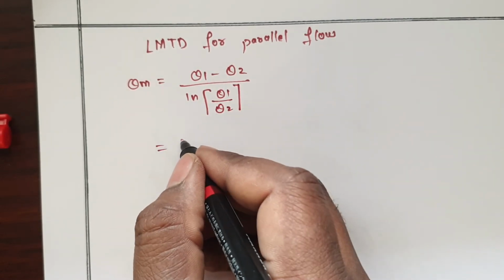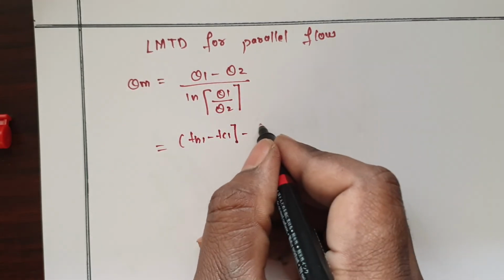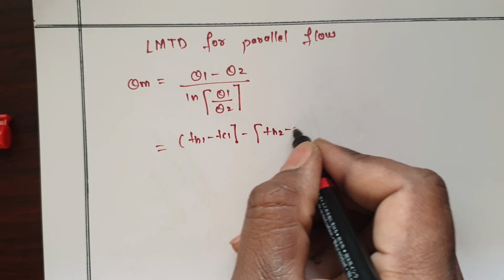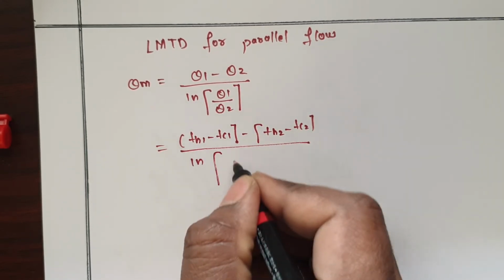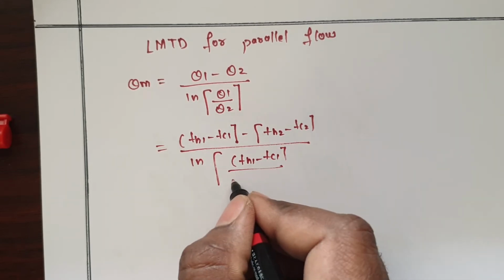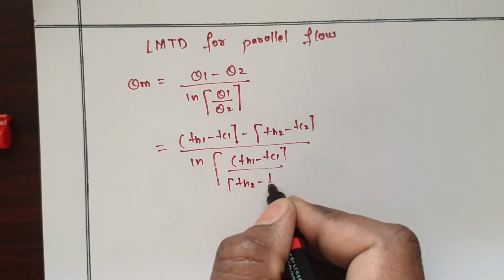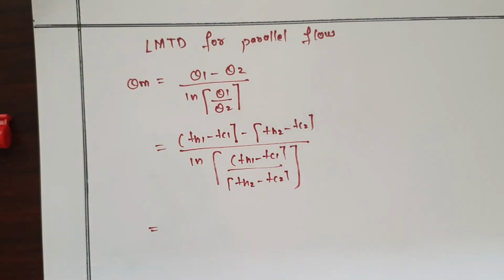Here theta 1 can be written as Th1 minus Tc1, and theta 2 can be written as Th2 minus Tc2.